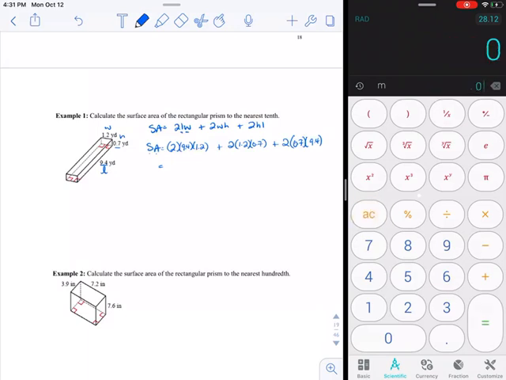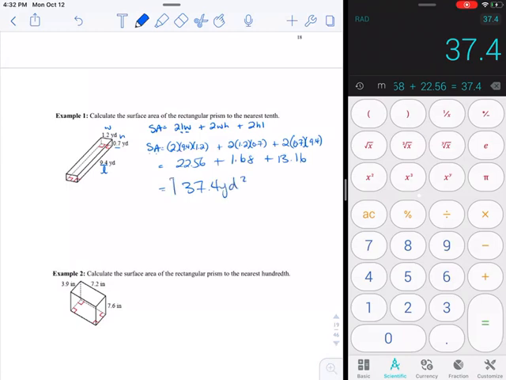Might have to do that again. 2 times 9.4 times 1.2, that part is 22.56. 2 times 1.2 times 0.7, that's 1.68. 2 times 0.7 times 9.4, 13.16. So let's add these together. 13.16 plus 1.68 plus 22.56 gives us a total of 37.4 yards squared.